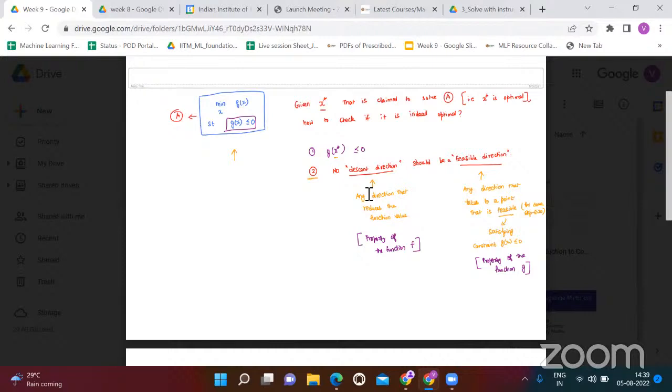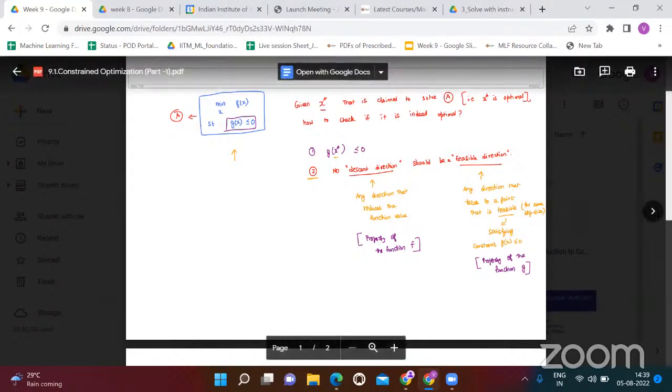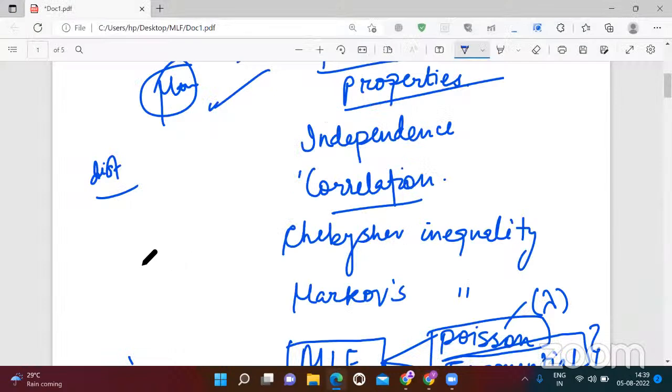A feasible direction is like this: for example, this is a function, and this was the X star somebody told me, and I'm getting this descent direction by sliding.